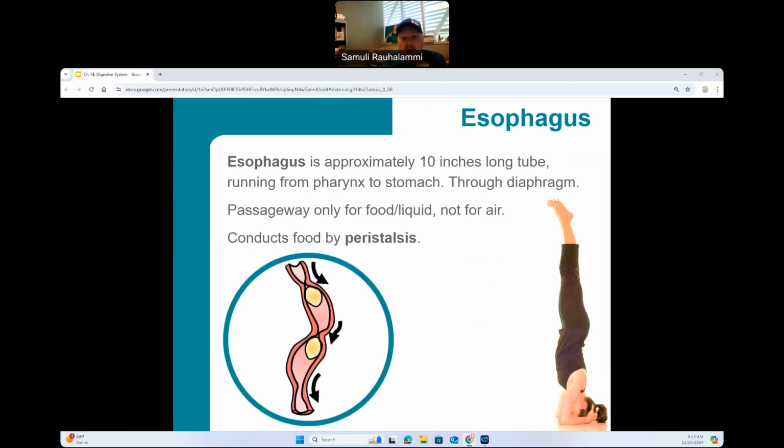So let's have a look at peristalsis and compare that to the other type of movement, or contraction, that we see sometimes in the digestive tract tube, known as segmentation.